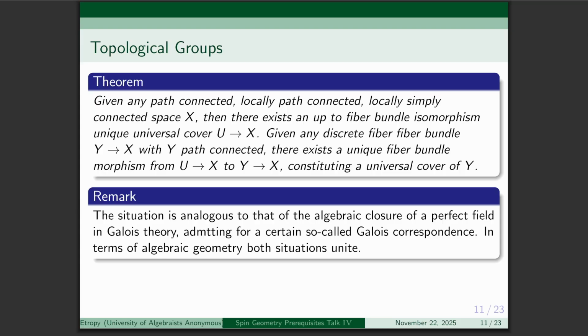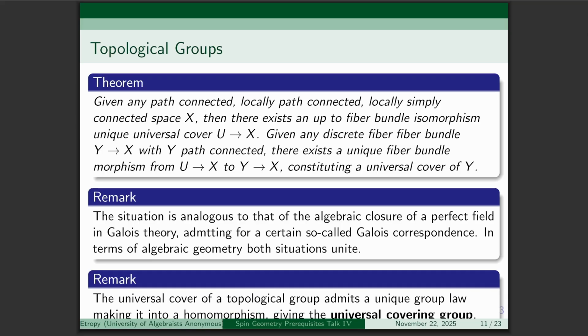And we get these in-between extensions, and we also have this universal property of the algebraic closure extending any finite algebraic extension. In fact, if you think about things in terms of algebraic geometry, which also uses tools of topological group theory at times, these things are literally the same thing. That's a nice thing to remark, but we're not going to get into this. It would require a lot of technical machinery.